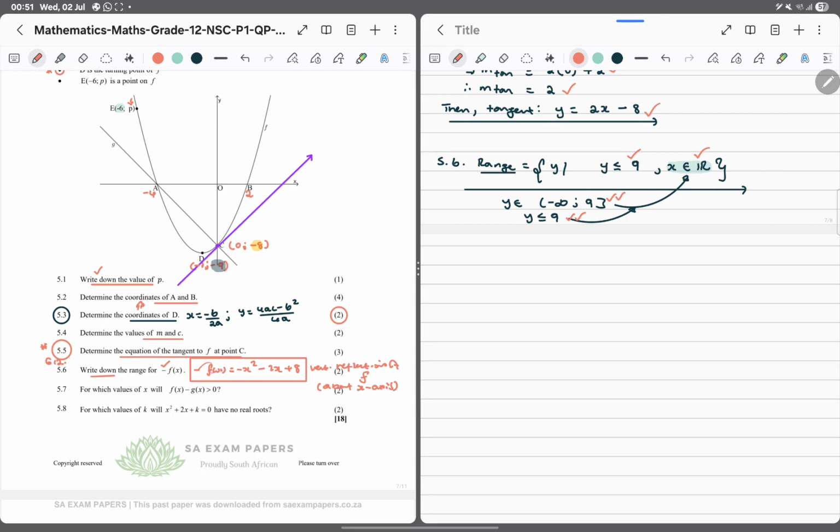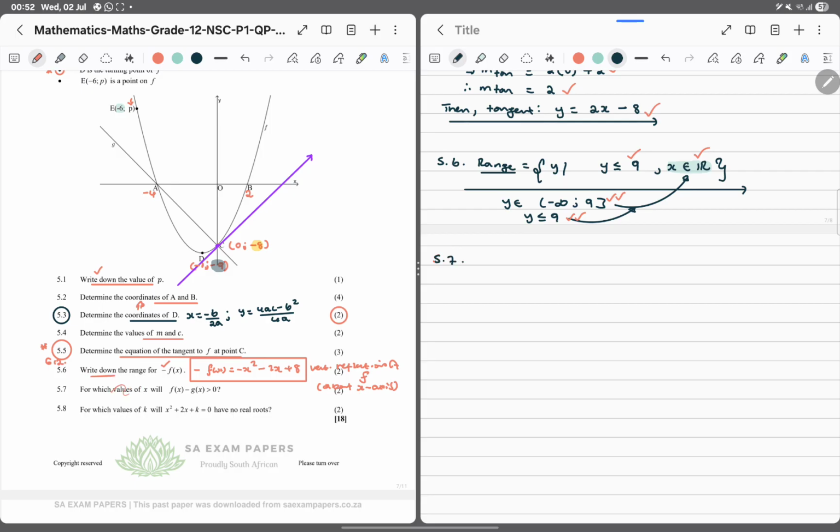It becomes a grumpy face parabola. So this becomes a maximum. Then this changes sign. But the x values are never affected by a vertical reflection. They only get affected by a horizontal reflection. Okay, nice question there, a graph interpretation type question. So 5.7.